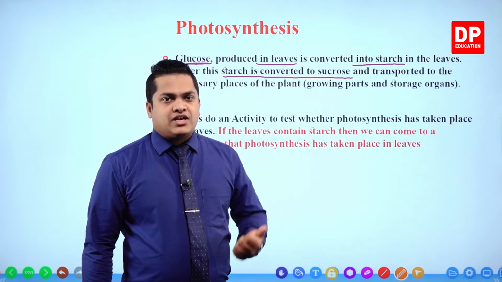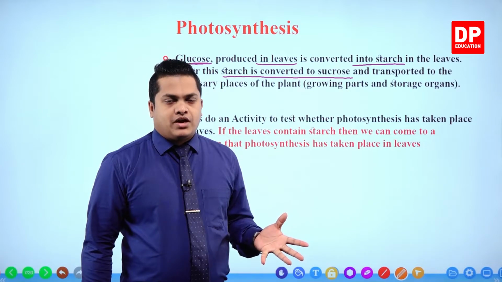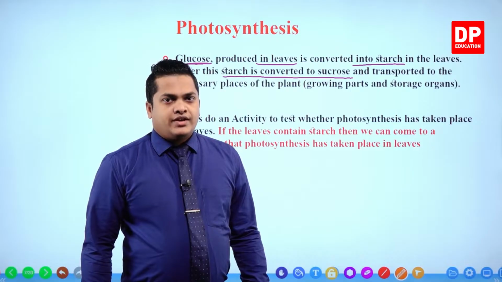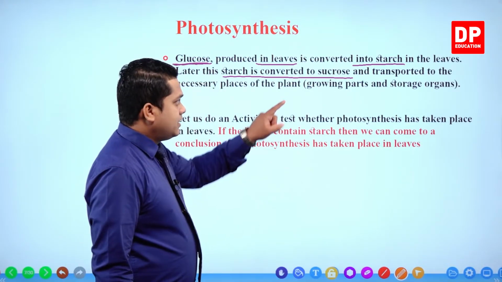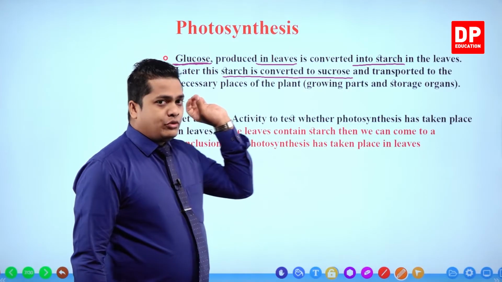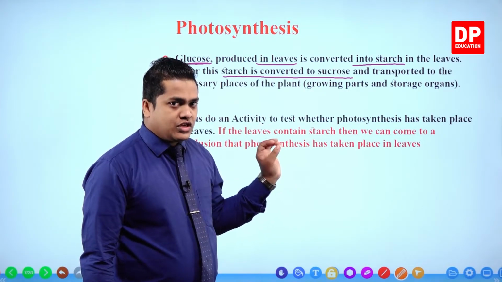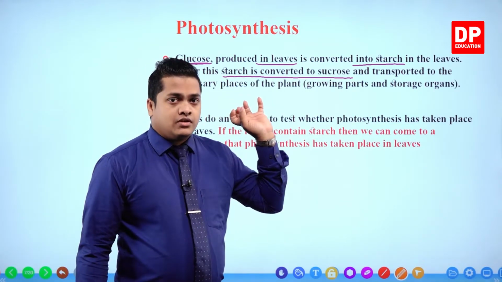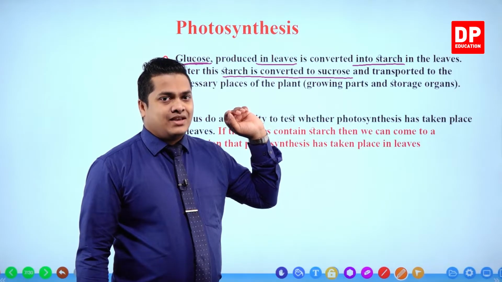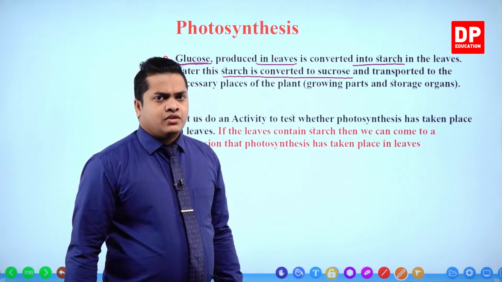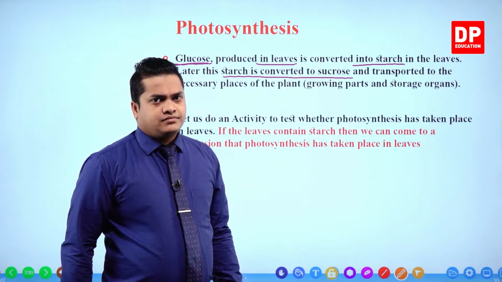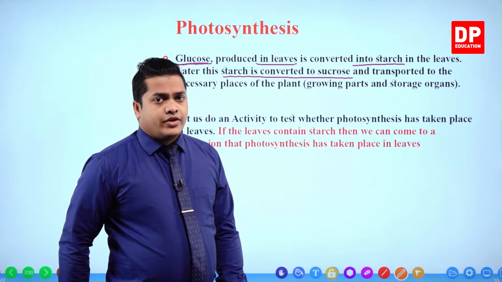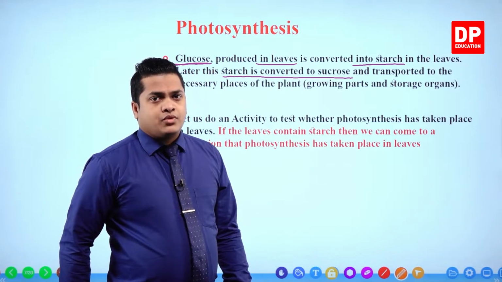So there is no problem in transporting the sucrose solution throughout the plant, as it dissolves well in water. So the starch is converted to a sucrose solution, which is then transported to the necessary places all around the plant, to each and every cell.